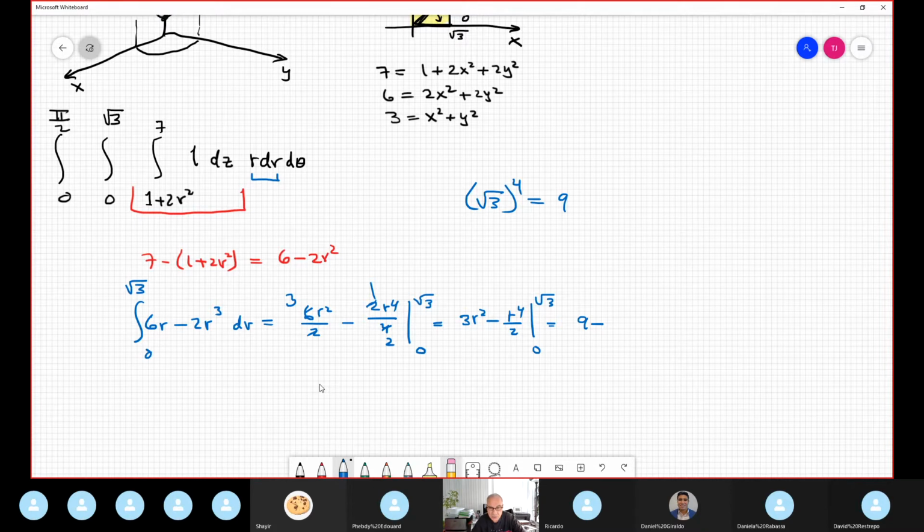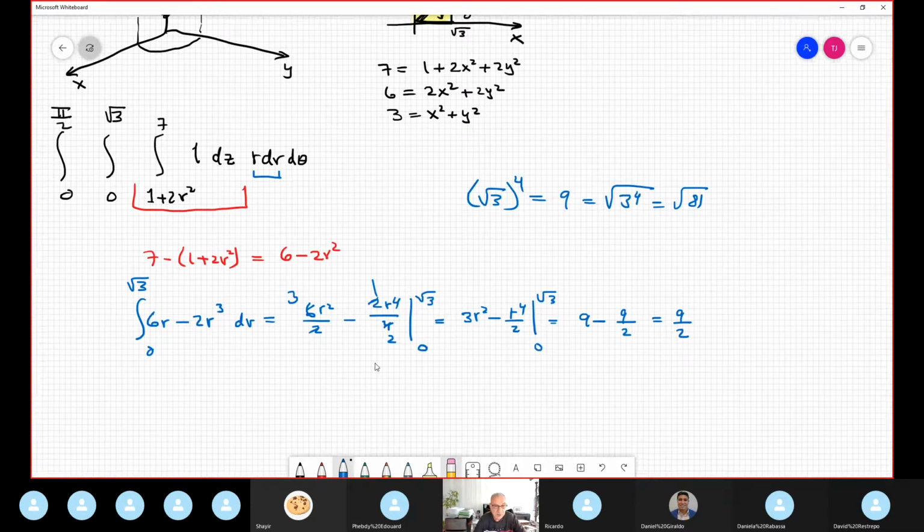Because we can interchange, 3 to the 4th power is 81. It's 81, then 81 over 2. And 9 is 18 over 2 minus 9 over 2 is 9 over 2. It's a coincidence.